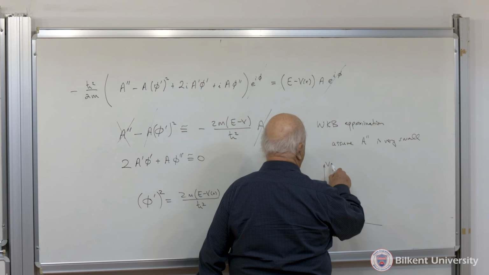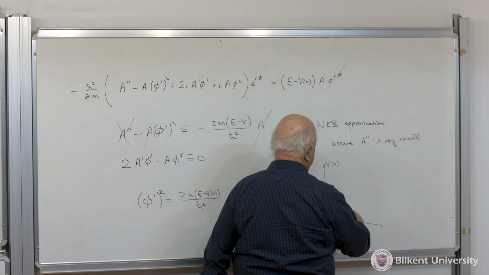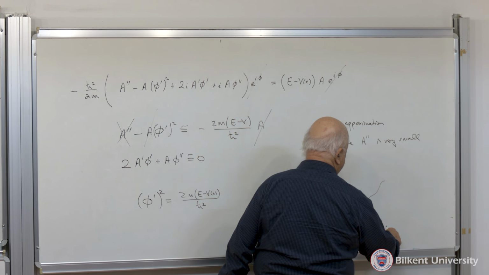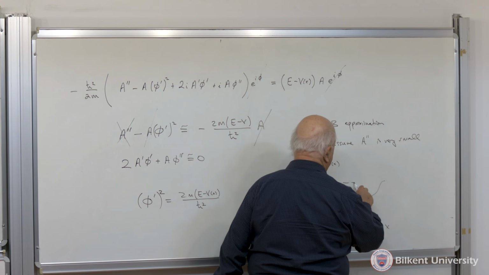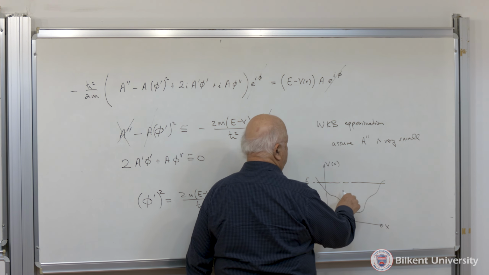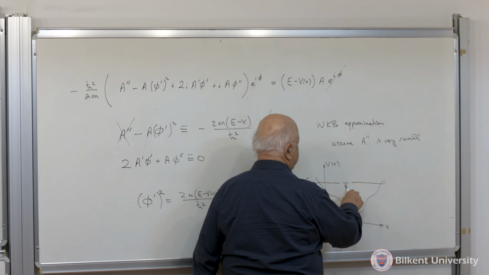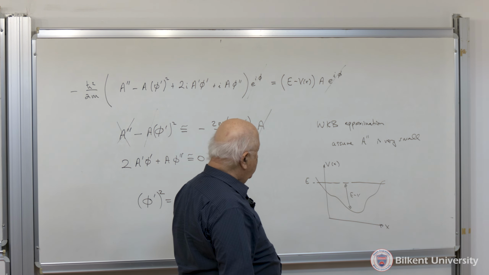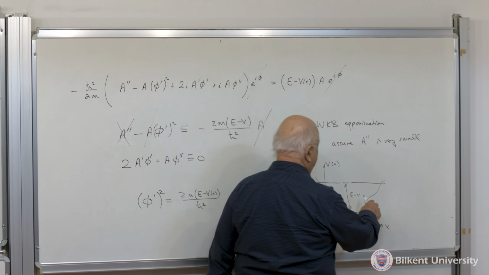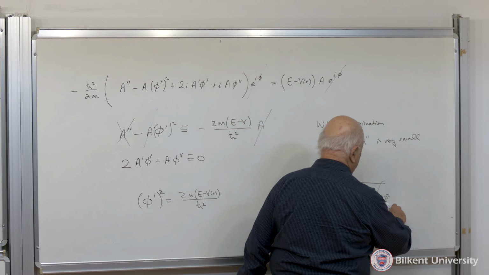If I have my V of x, for which I am trying to solve my equation, I have a certain value for the energy, E. This distance here, E minus V, is the kinetic energy. And this thing I am going to call p squared over 2m.